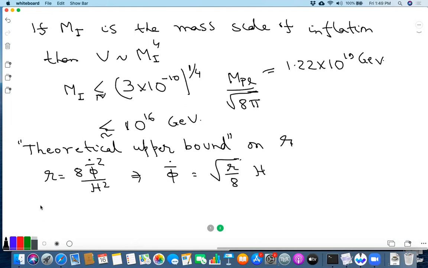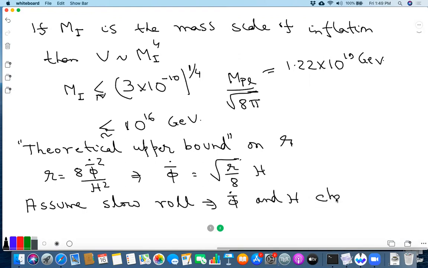And now let's assume slow roll, which means that the phi bar dot and h change slowly compared to h. So in time h inverse, the change in phi dot is small compared to phi dot, and change in h is small compared to h.